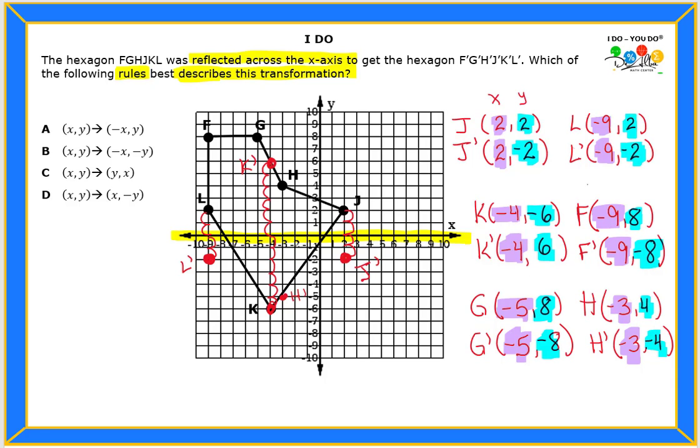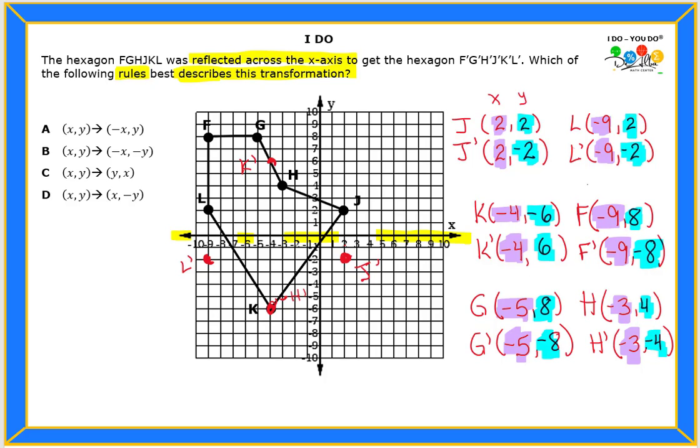Okay, and what I want to do right now is erase the steps that I did. I just wanted you to see how I was going to be going, because I don't want you to be confused with the picture. So I already have some points here. Do I have J already? Yes. Do I have L prime? Yes, I do. K, yes, I do have it. F, I don't.